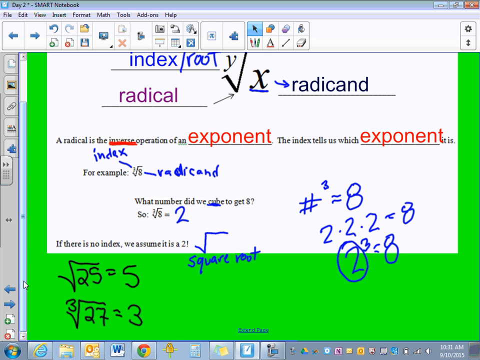All right, so let's go ahead and take a look at our calculator and see where we can use this on our calculator. So getting your calculator out. You'll see on the left-hand side, you're going to see x squared is a button. And you'll notice above that is a little blue square root symbol.